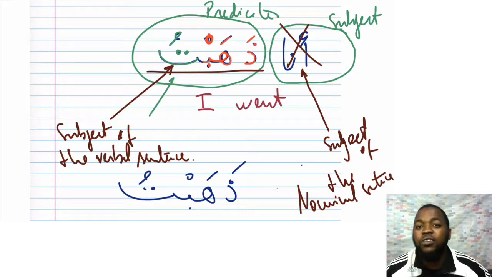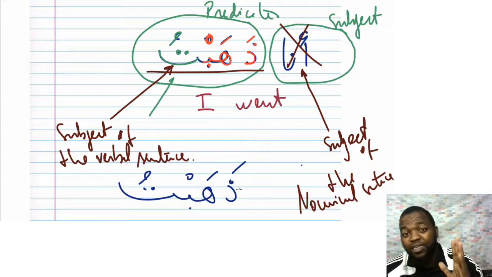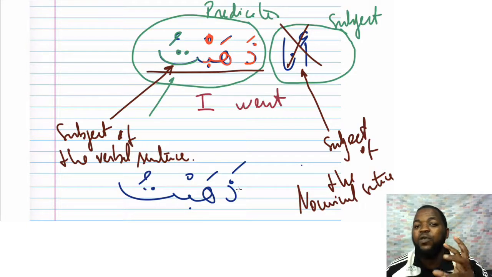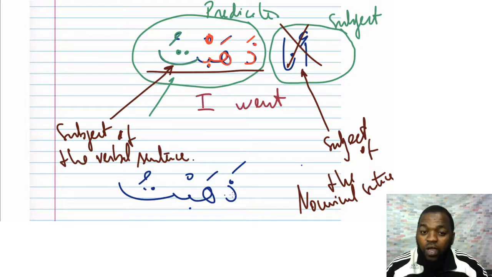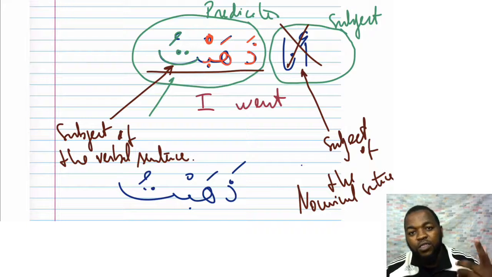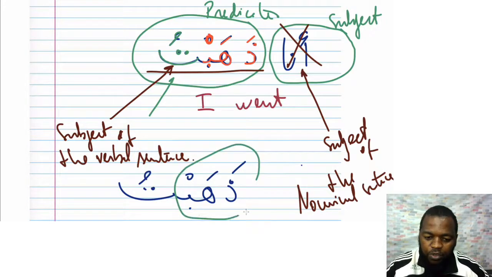Here, this is a verbal sentence, right? So here, I will not ask you where is the subject, where is the predicate. The subject and the predicate, you only ask if you have in front of you a nominal sentence. But when you have in front of you a verbal sentence, you need to be able to identify where is the verb, and where is the subject of this verb.